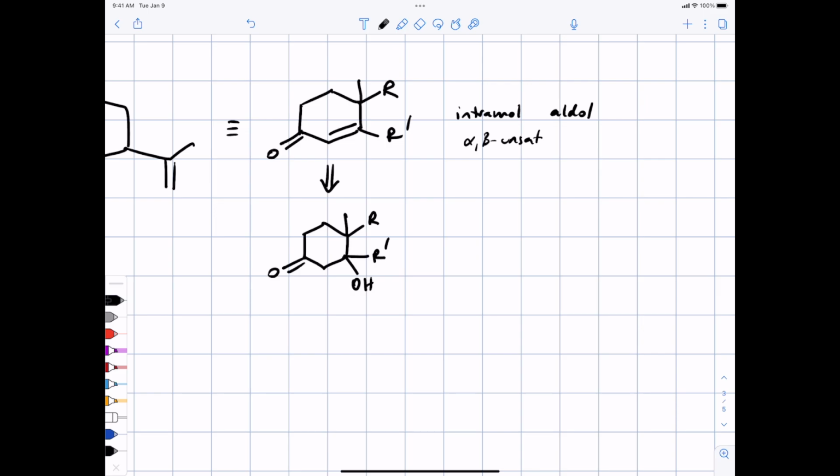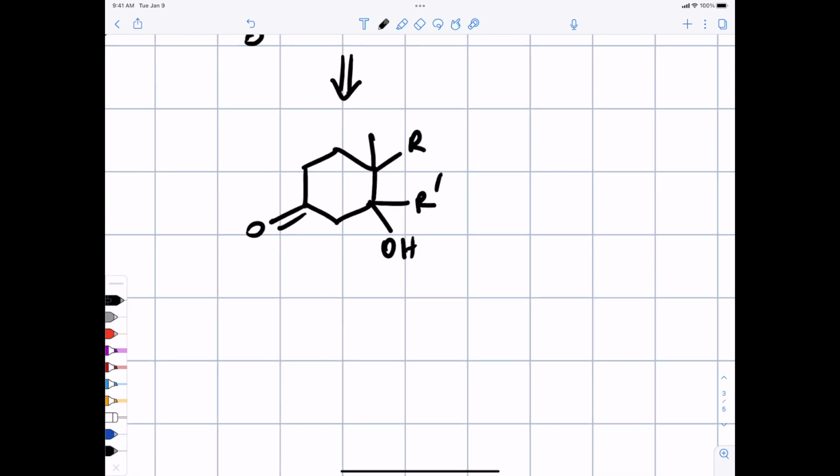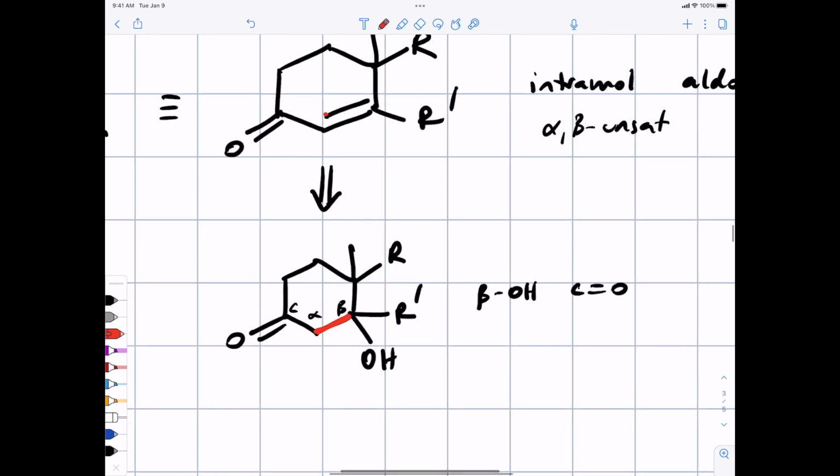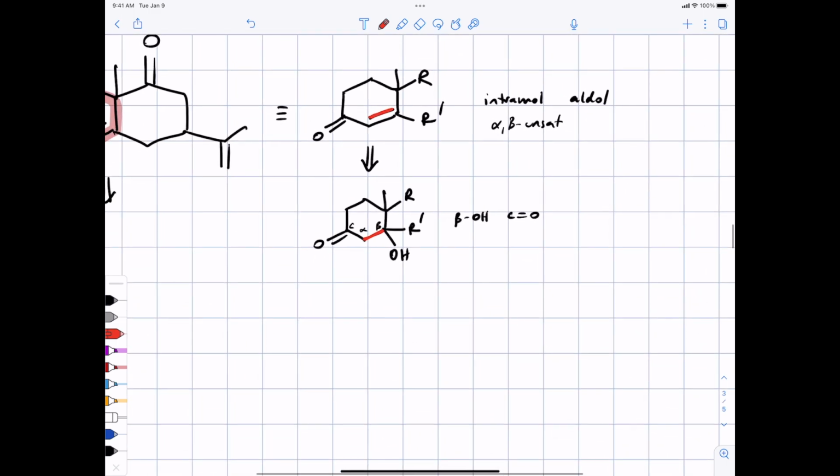And if this is a beta hydroxy carbonyl compound that's an aldol product, what is the bond that is made in an aldol reaction? It's that one, right? The one between alpha and beta carbons. At each stage, it may be useful to identify the bond that was made in that process.